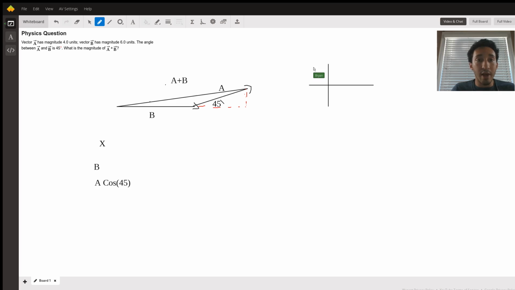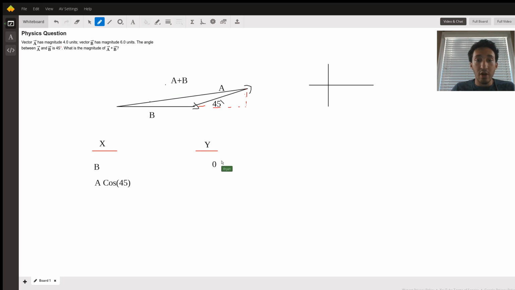Now let's find the ones in the Y direction, and we'll write that over here. Let me make it abundantly clear: we're labeling the X components and the Y components. As we said before, B is entirely horizontal. Not a single component of B is in the Y direction, so that is going to be 0, which I will write out.